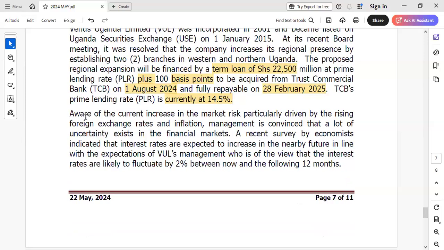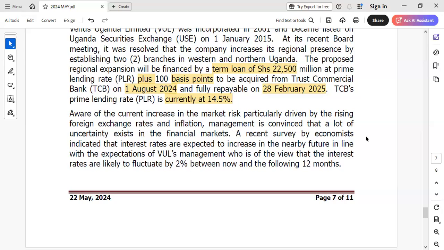Yes. Okay. Aware of the current increase in the market risk, particularly driven by the rising foreign exchange rates and inflation, management is convinced that a lot of uncertainty exists in the financial markets.